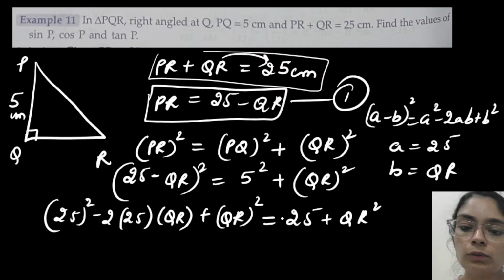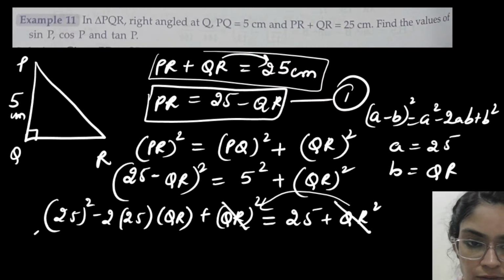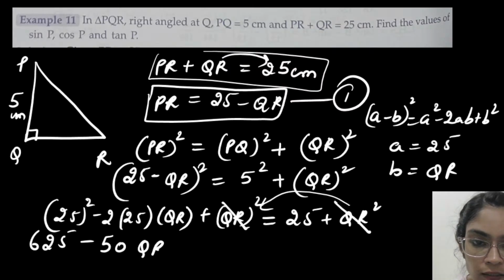Now QR square and QR square, if you shift one to the other side it will become minus QR square, so both can cancel. Let's simplify this. So this is 625 minus 50 QR, 2 into 25 is 50, is equal to 25.